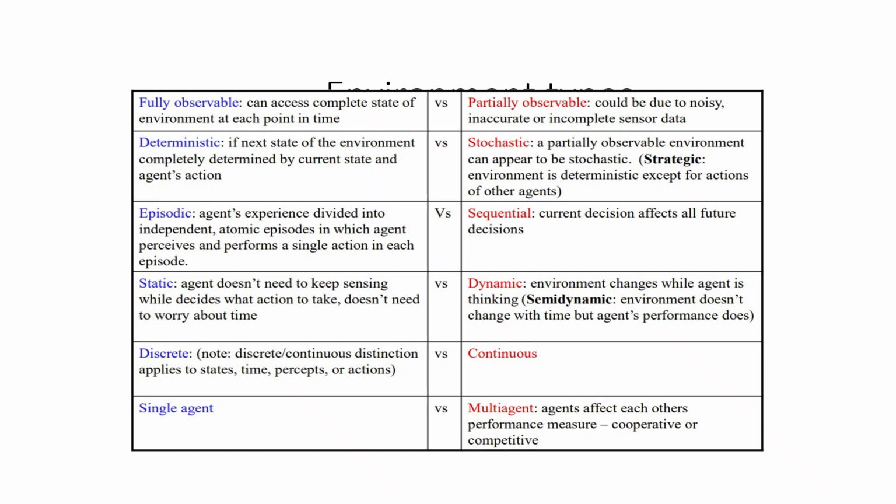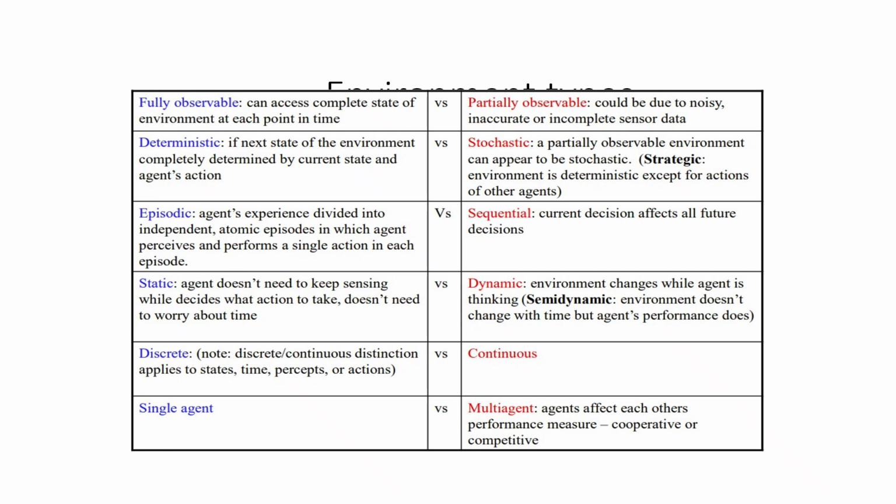Static means the agent does not need to keep sensing while deciding what action to take, and does not need to worry about time. That would be a crossword puzzle. Dynamic means the environment changes while the agent is thinking. Semi-dynamic means the environment does not change with time, but the agent's performance score does. A good example is a traffic system with traffic lights.